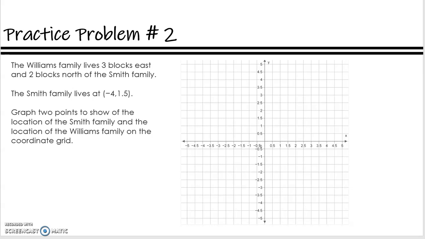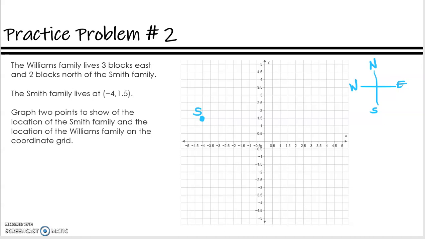Let's graph the Smith family first. So I'm going to be going left to -4 and then up to 1.5. So here is where the Smith family lives. The Williams family, okay, let's think about our coordinates. If we're talking about direction, north, south, east, west. They live 3 blocks east, okay?